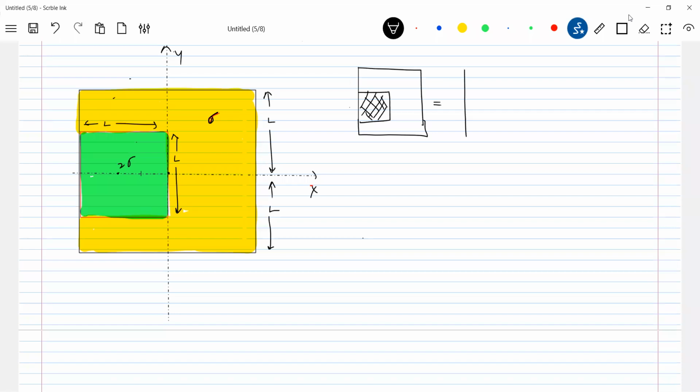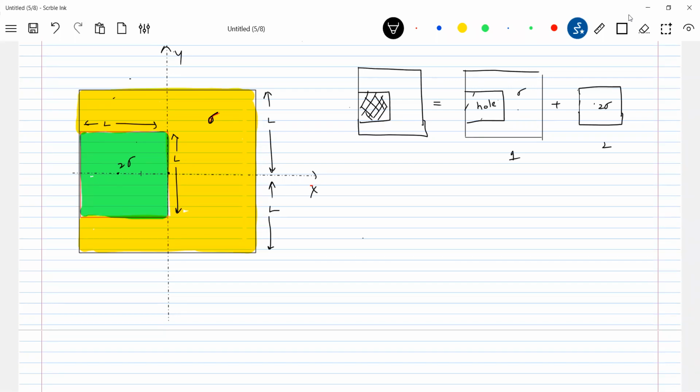It is equal to a square plate with a hole, plus this particular plate. Okay, got this one? So now you calculate the center of mass of this first diagram and the second diagram. Then you'll get the required result for this particular system.